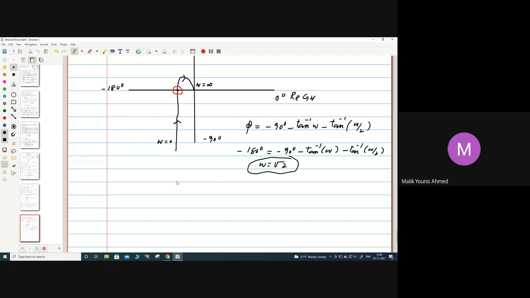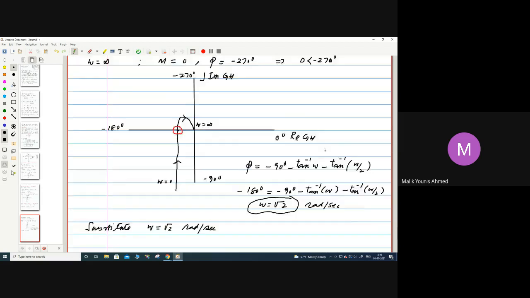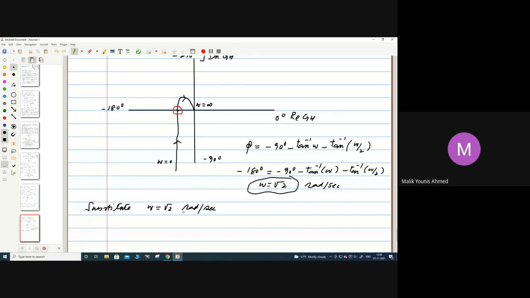Then you have to substitute omega equal to under root 2 radians per second. This is an angular frequency. So where do you have to substitute it? In the magnitude. So you substitute, and you'll get a point.